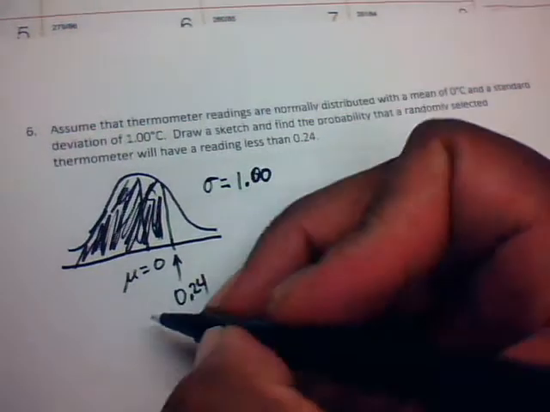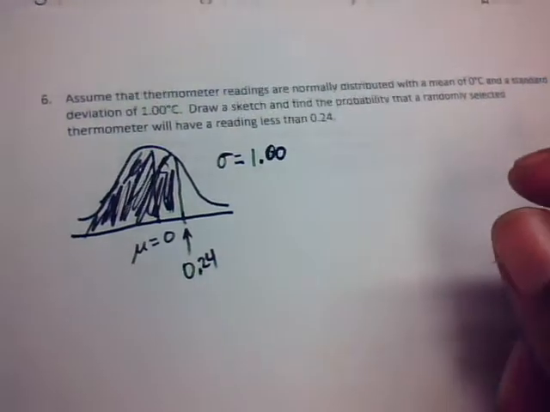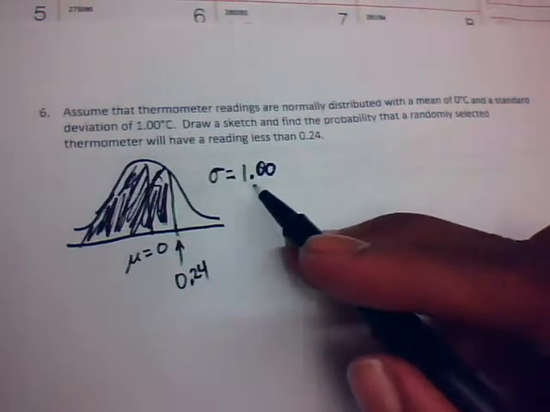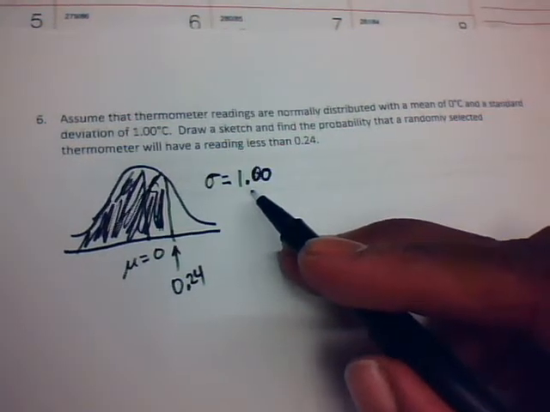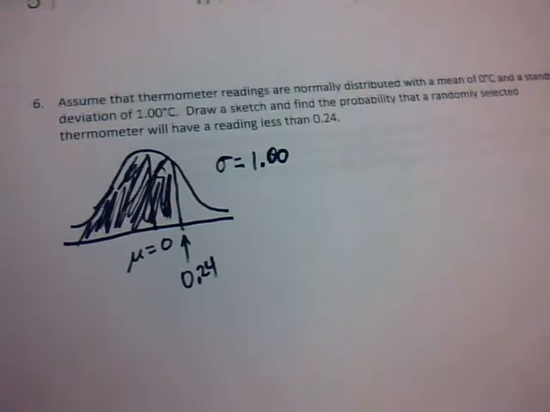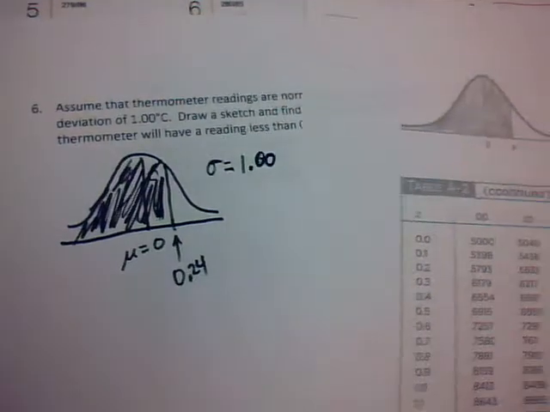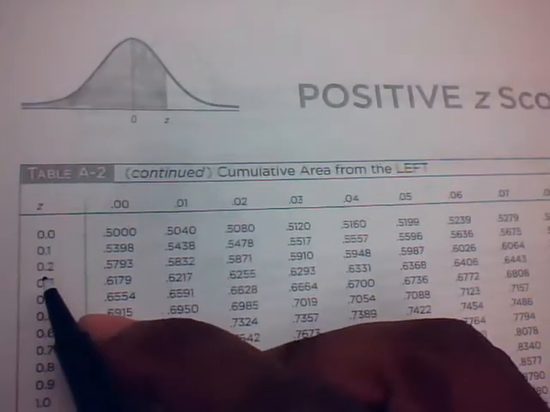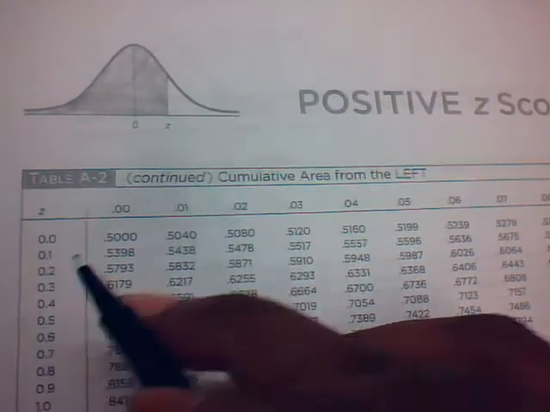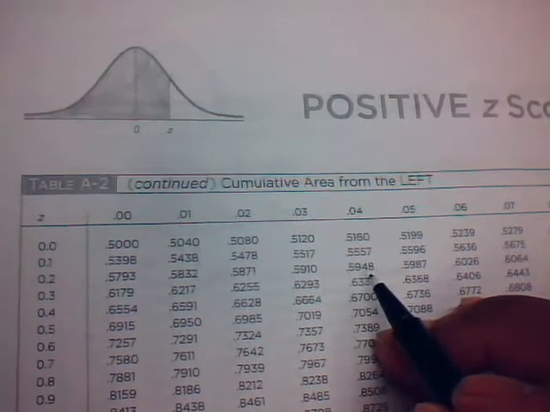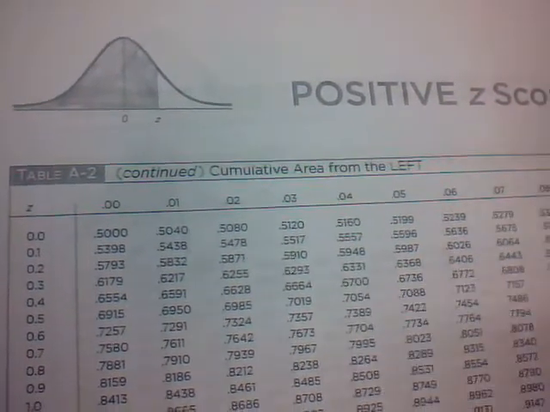Okay, now it's already in a standardized z-score because mu is 0 and sigma is 1.00. So here we can just go directly to table A-2 and find 0.24. So here's 0.2 for the first part, and then the hundredths place is your 0.04. We read down and we find 0.5948.